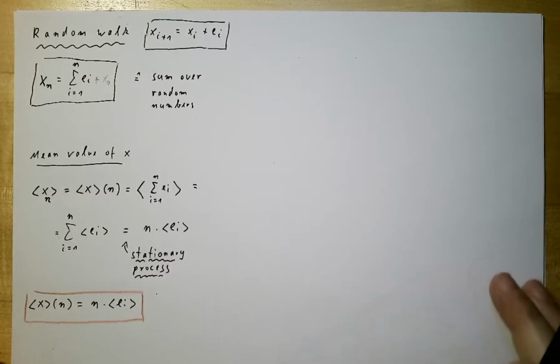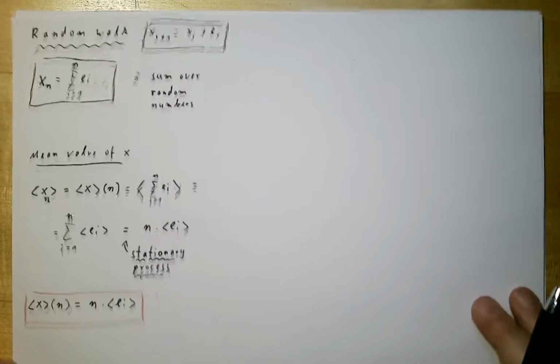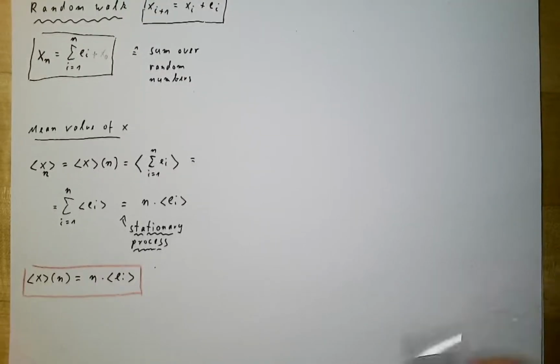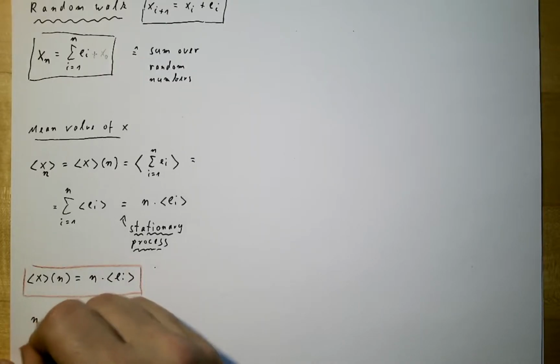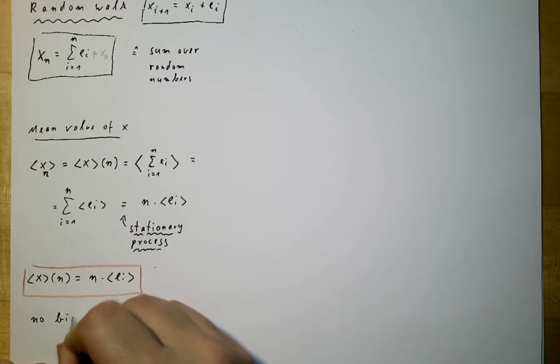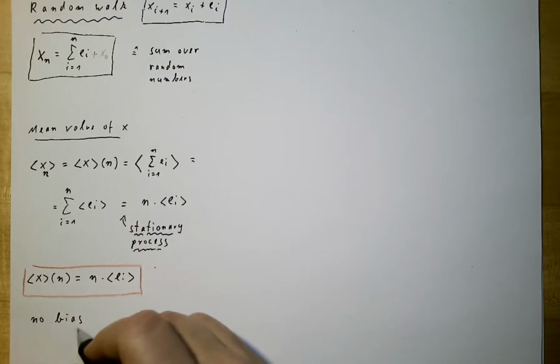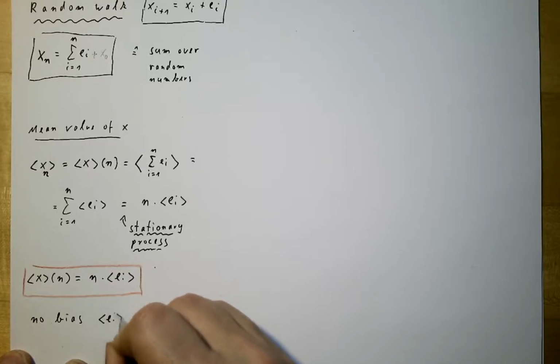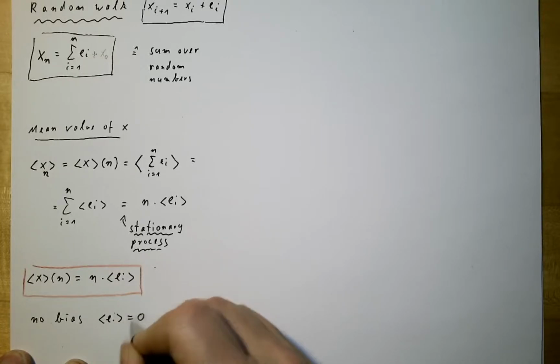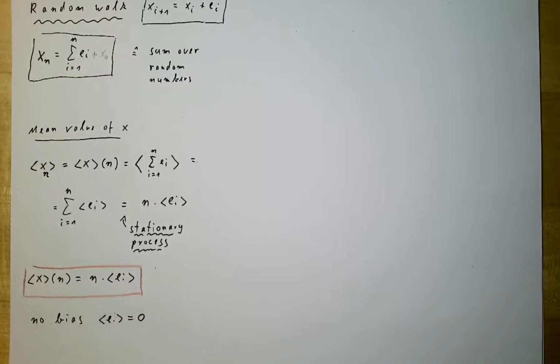And now, in particular, if we have a random walk which has no bias, and no bias actually just means that the expectation of the increments is 0, and this was just the examples I showed you before.